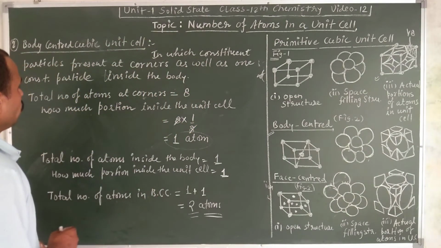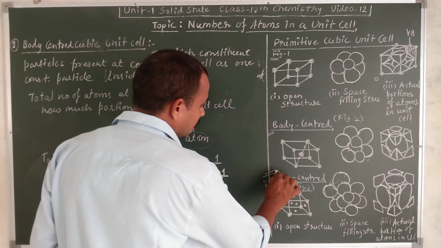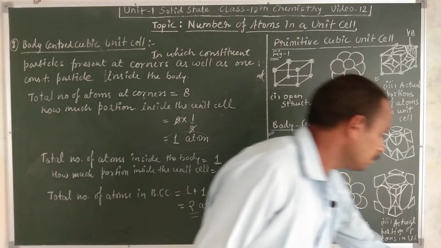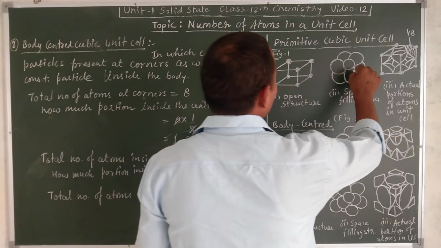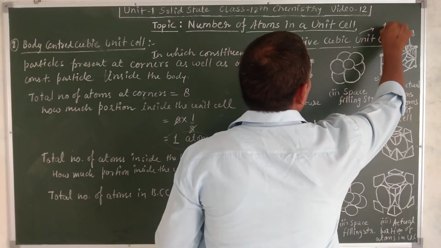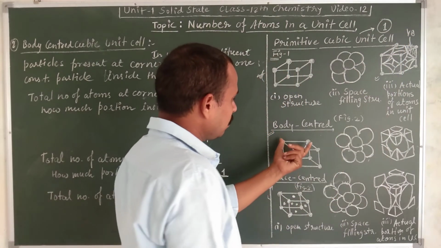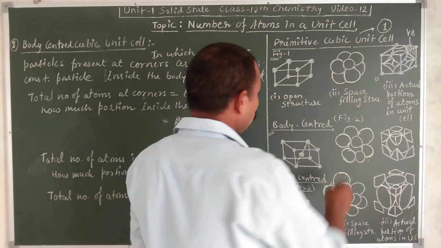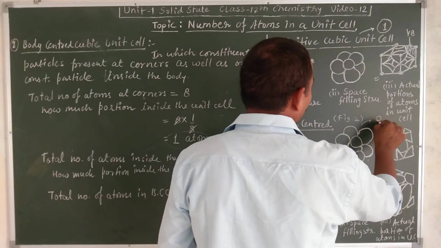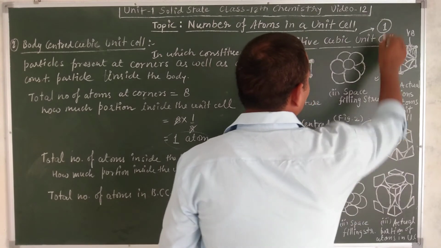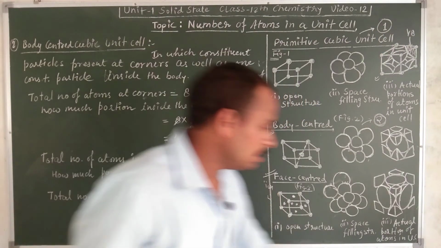Now move on to the third unit cell, that is face centered unit cell. Total number of atoms present in body center is 2, and in primitive it is 1. Now move on face centered unit cell.